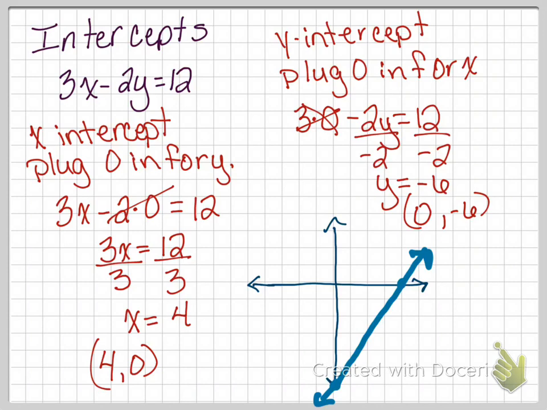If you just wrote x equals 4 and y equals -6, I would accept that, because you're being asked specifically to find the intercepts. The only thing that's not correct is when you put those two together like we had right here. So you have to look at what the problem is asking, whether it's asking you to graph using intercepts or to identify the intercepts.